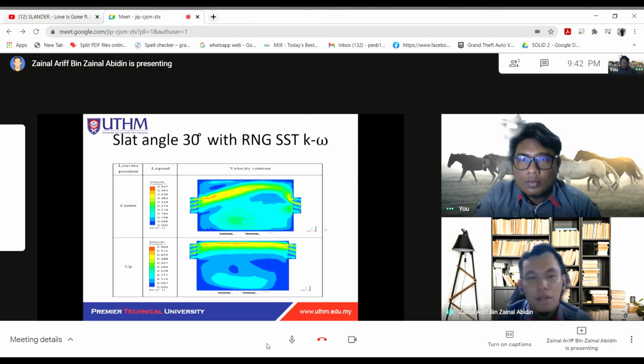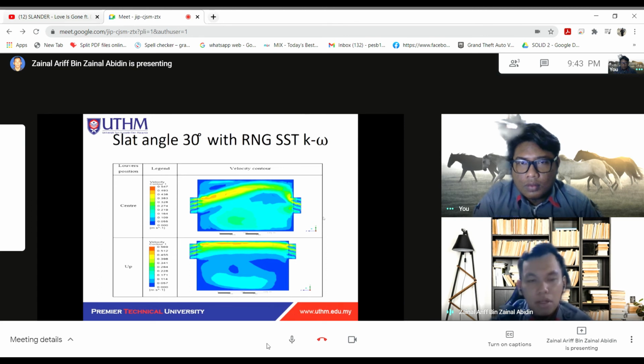For the slant angle of 30 degrees with SST k-omega, we found that the center of the louver has better airflow inside the air ventilation.